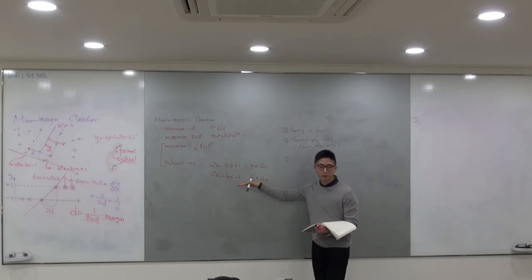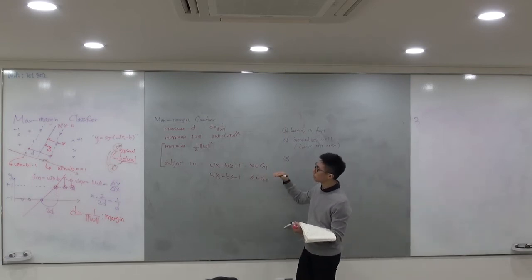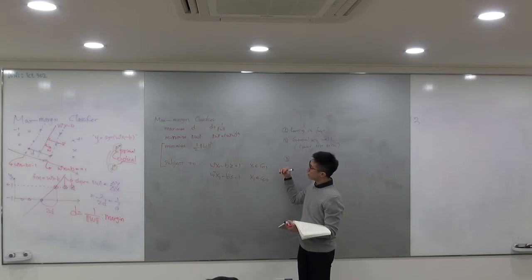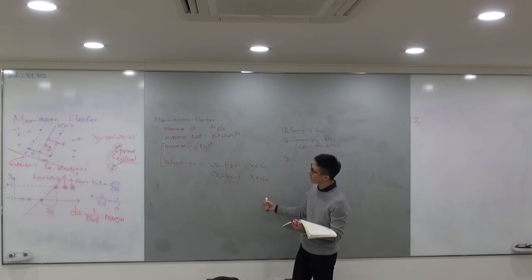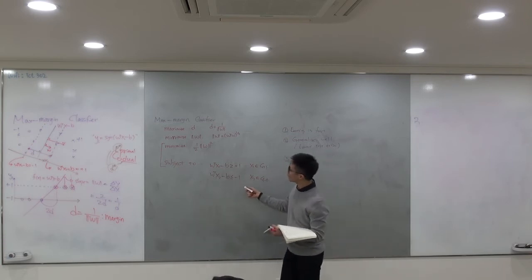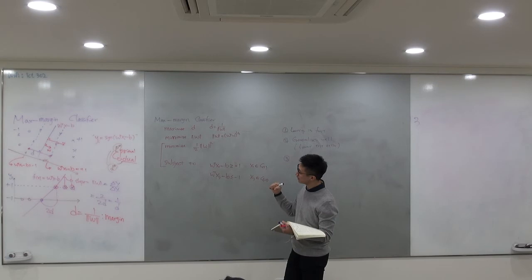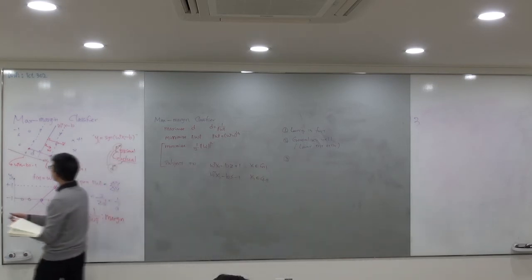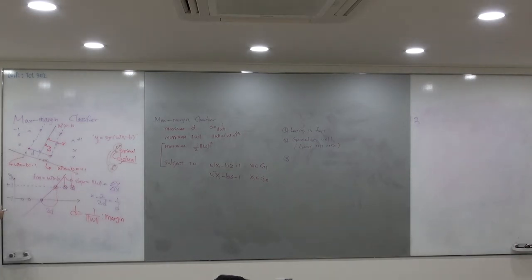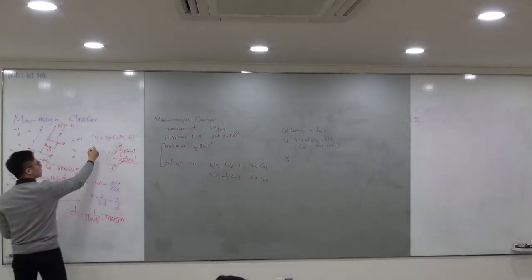In the process of solving this optimization problem, we introduce something called Lagrange multiplier, and because of that, let's say this is our final model.